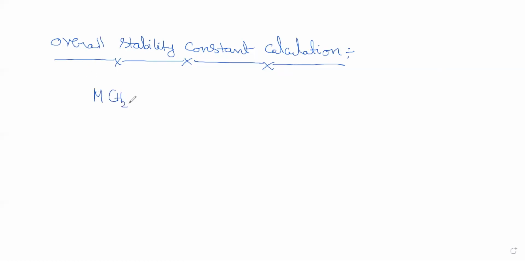They will ask you: M(H2O)n, with n water molecules, is treated with n number of ligands. Then you will get a complex MLn, leaving the water molecules outside. And this complex is more stable compared to the water complex.